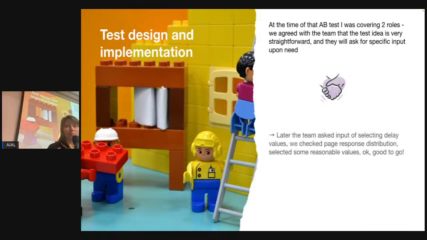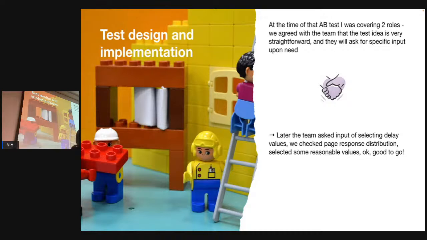let's roll. So after some time, team came and said, okay, we need to determine what kind of delay we should do, what kind of values should we select for delay. I said, okay, yeah, that's simple enough.